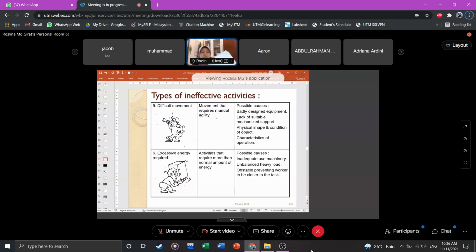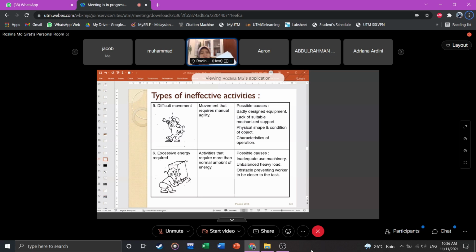Okay, number 5, difficult movement. Movement that requires manual agility. It is due to badly designed equipment, lack of suitable mechanized support, physical shape and condition of object, and the characteristic of operation. Okay, number 6, excessive energy required.